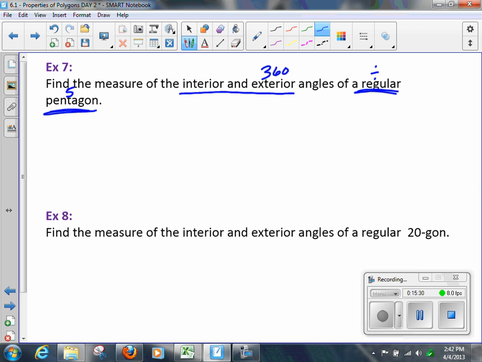Now, could I work this out using n minus 2 times 180? Yeah, of course I could. That's going to help me solve for an interior angle, because it's n minus 2 times 180, right? But what's the easiest way? Doing it like this. Divide 360 by 5. Why? Because that number never changes.